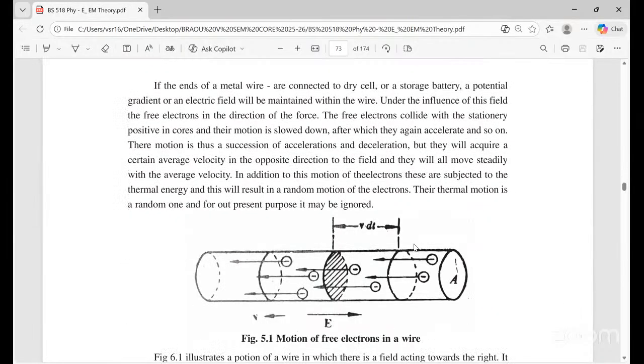Now you can imagine how the free electrons move in a current carrying conductor. Imagine that this is the conductor, and the area of cross section of the conductor is capital A. These are the negative electrons, which are moving in this direction.